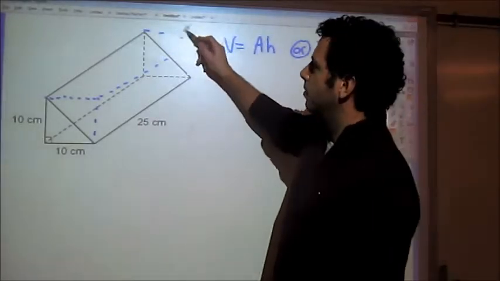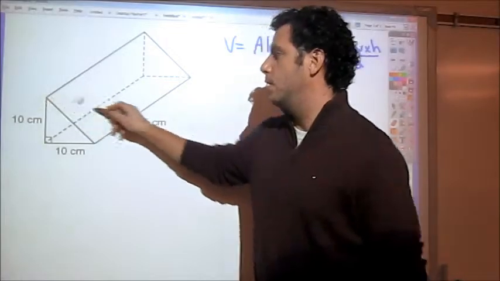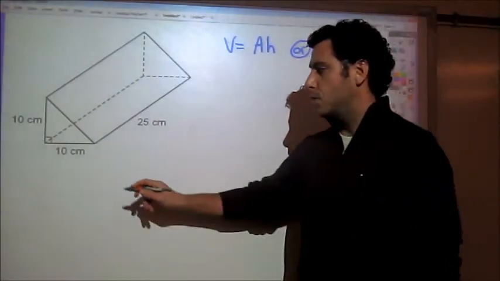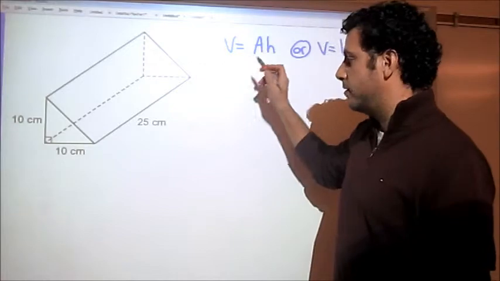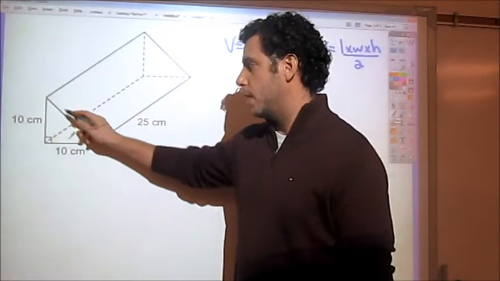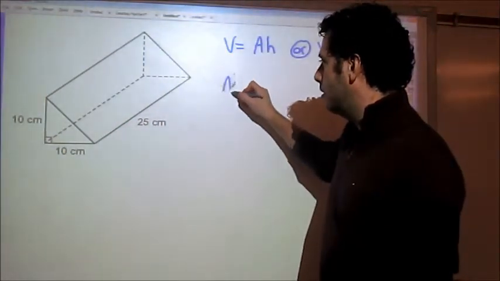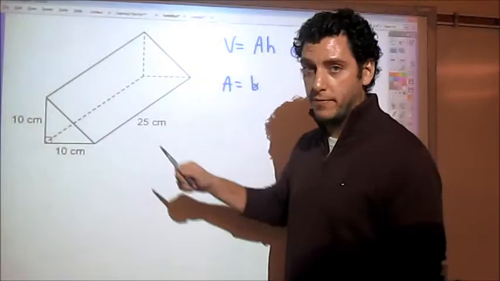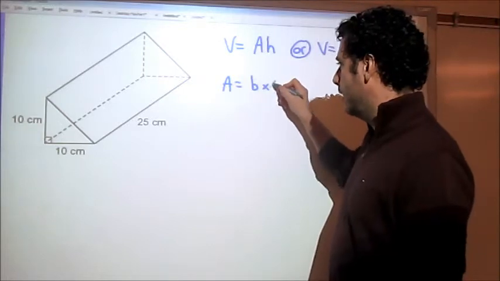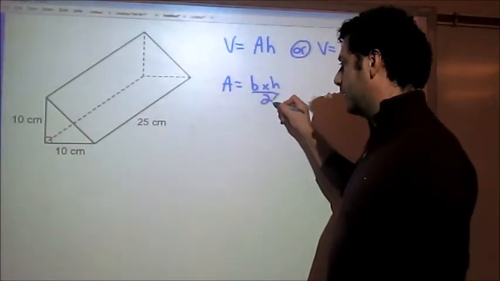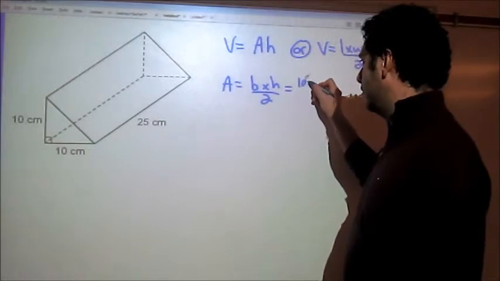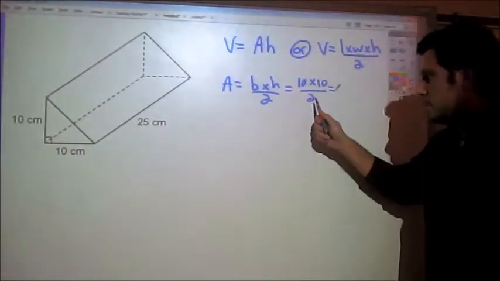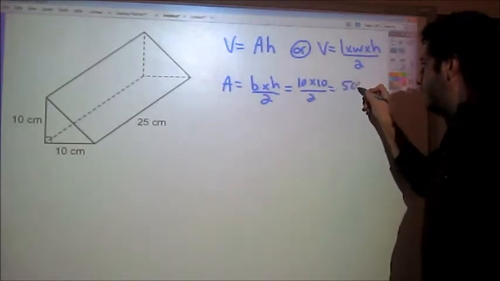Now, for this example, I'm going to show you just using the base area. So, in order to calculate the area of the base, which is a triangle, we need to find the base and the height, or the length and the width of that base, and we need to divide it by 2. So that would be 10 times 10 divided by 2, which would be 100 divided by 2, which is 50.